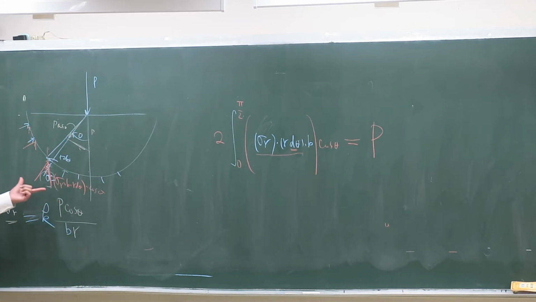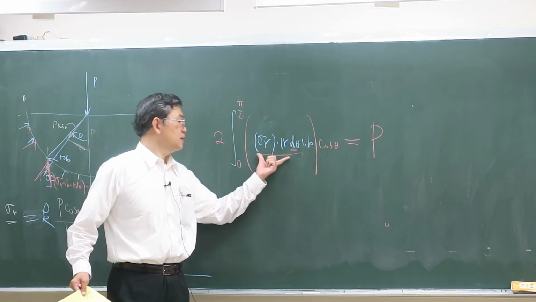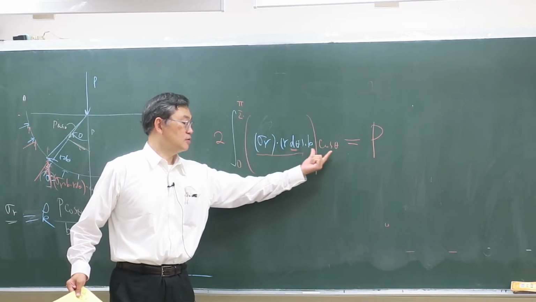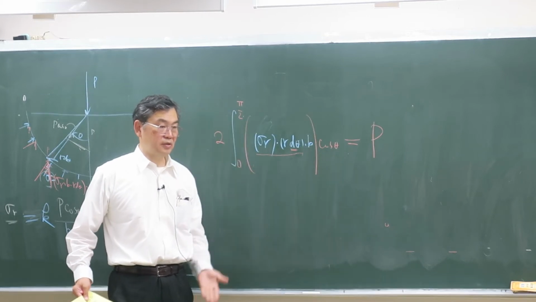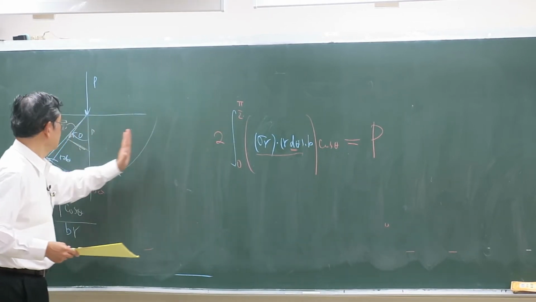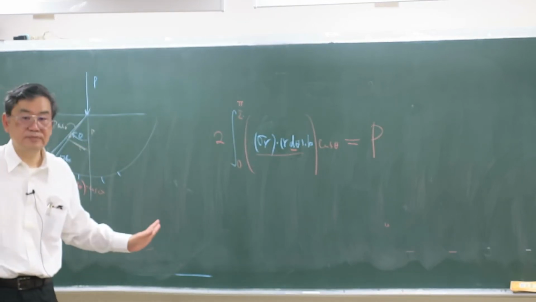No magic, very clear and straightforward, just equilibrium. Be careful, we're not in equilibrium in stress, we're in equilibrium in force. This is force, and this is force, and the vertical components use cosine. I integrate together. The whole vertical force will balance the vertical load. That's it.